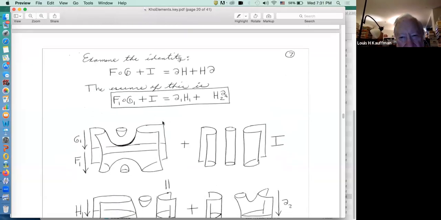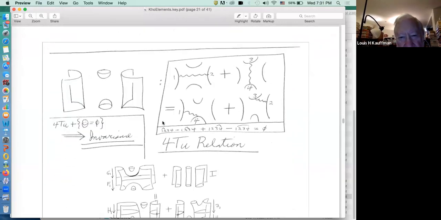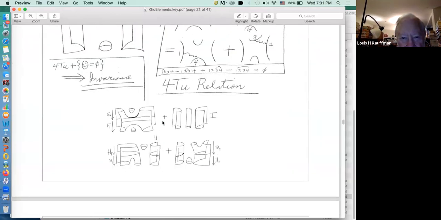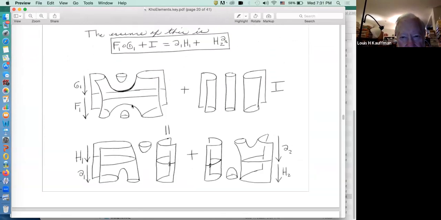And it turns out, just to make a very long story much shorter, that if you were to assume that you had a relation that looked like this one, then everything would work. The two things would have the same homology. The relation is that you have 4 bits of surface.